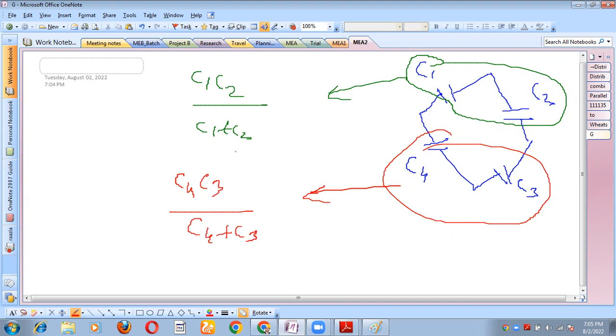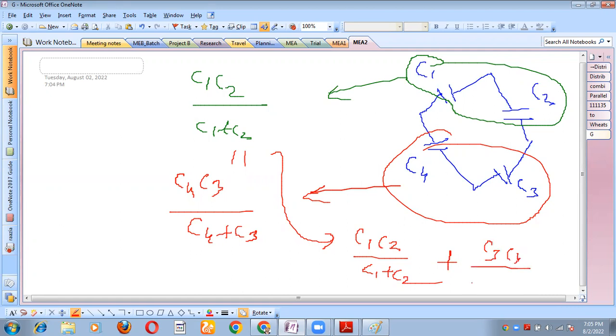Then these two are in parallel, so the net capacitance will be C1C2 by C1 plus C2, plus C3C4 by C3 plus C4. Getting my point till now? Any doubt, please ask.